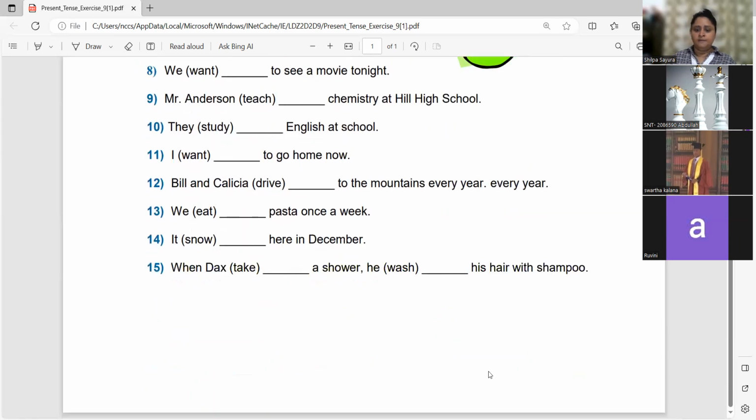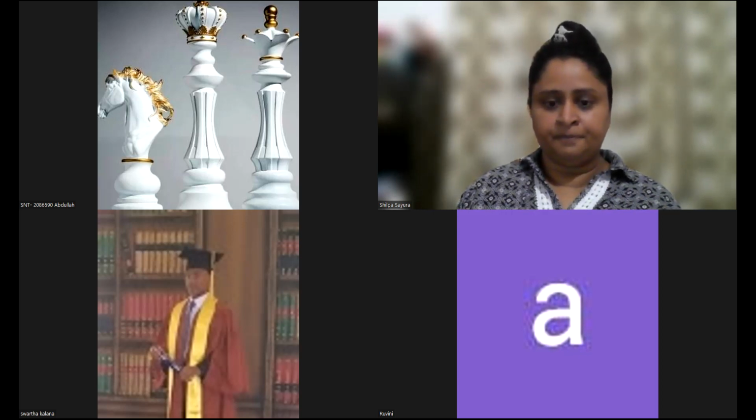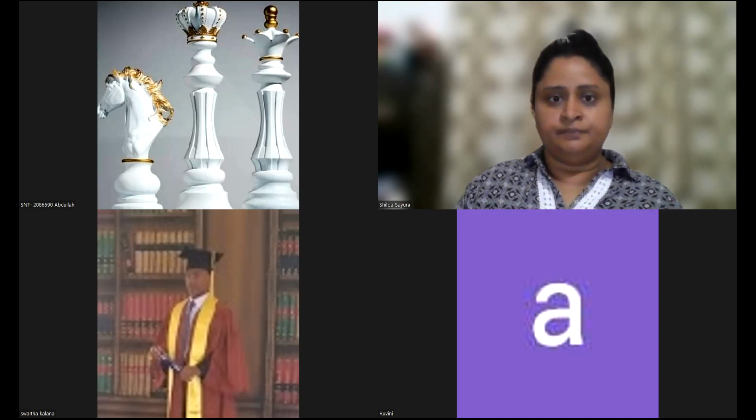So, okay. And other than that, yes, so that is simple present tense. Let me show you. Oh, let me give some more examples.